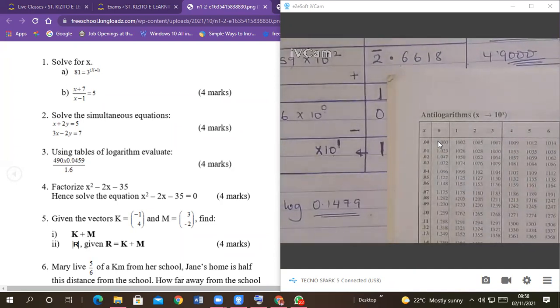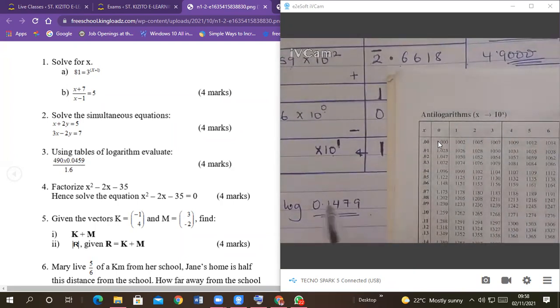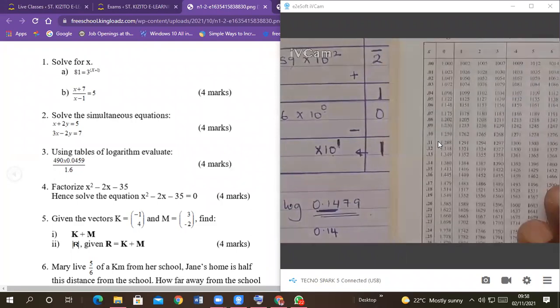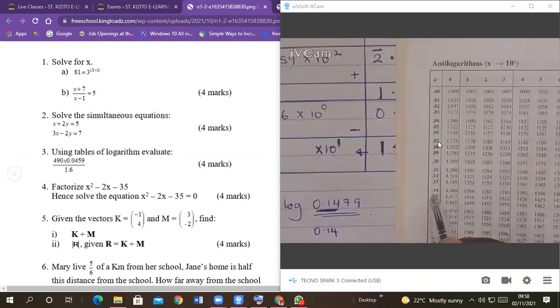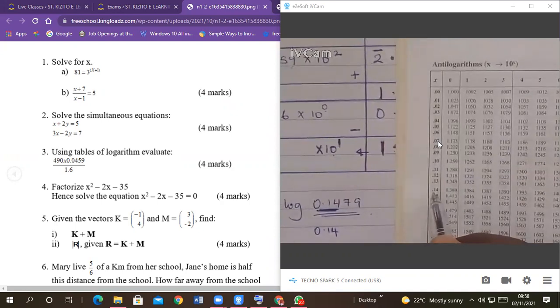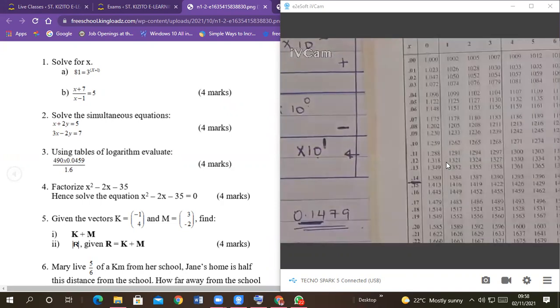There are only 2 decimal places in the column of X. So it means that we are going to first look for 0.14 first. That's the first thing. So in this column, we look for 0.14, and it's not very far. 0.14 is here. Now we go to 7.